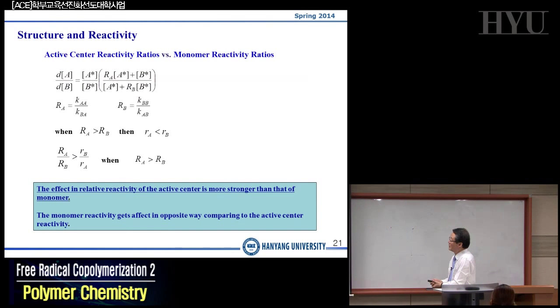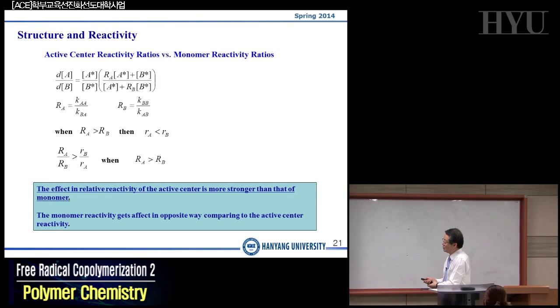So we can say that if your small RB value is larger than small RA, then large RB is always smaller than large RA. This is what I have stated, and I have concluded from this table. Now, what happened?